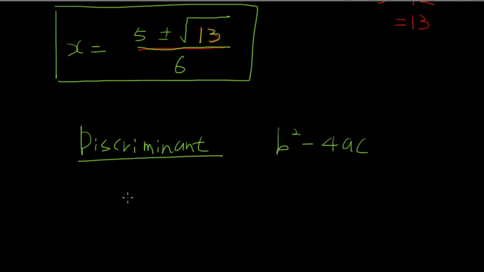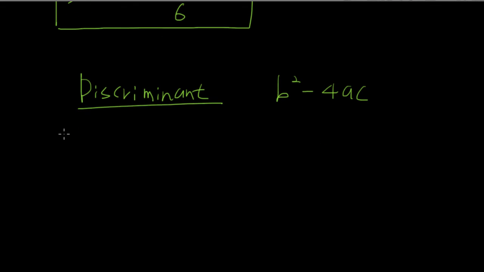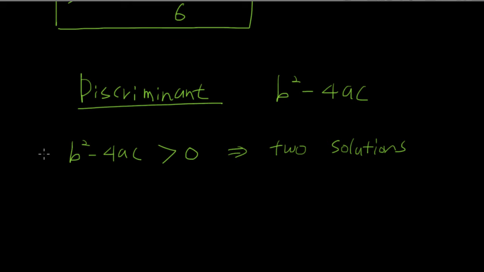So what about it then? Well, if b squared minus 4ac is greater than 0, that means we have two real solutions. But if this b squared minus 4ac happens to be equal to 0, then what?